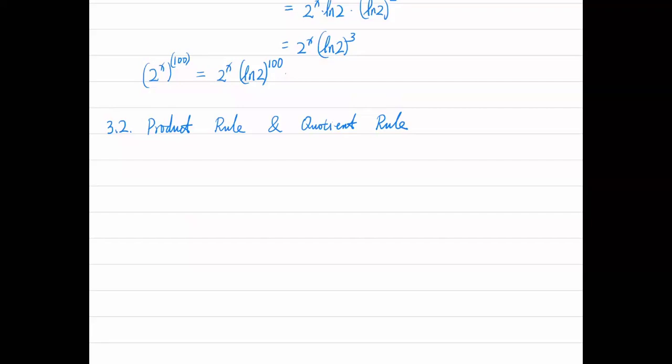The first rule, product rule. The product of two functions, f(x) and g(x), is again a function. To find the derivative of this function, we have the following rule.